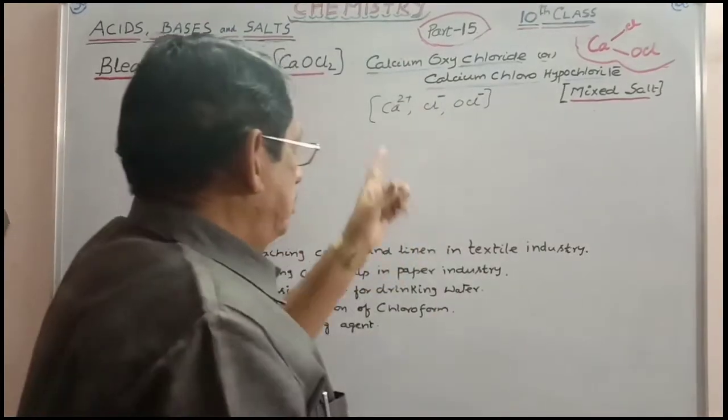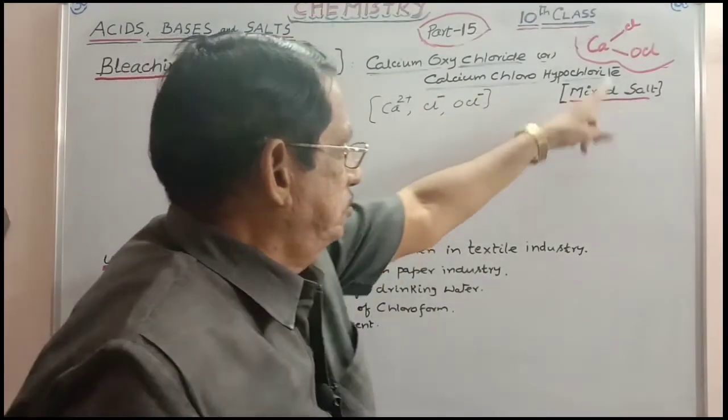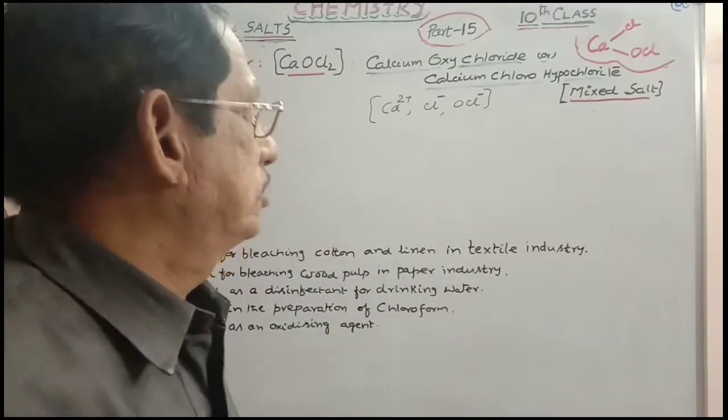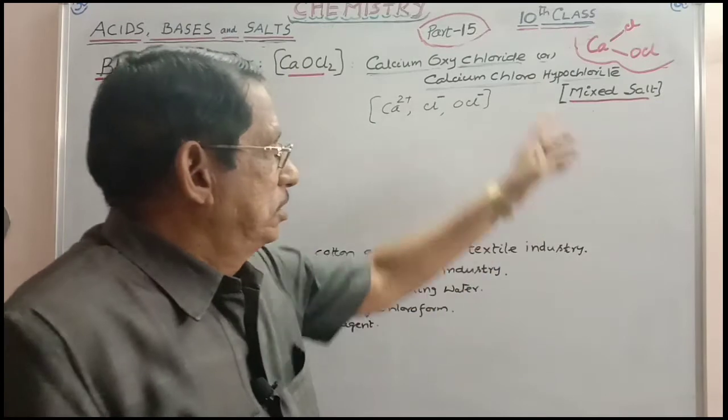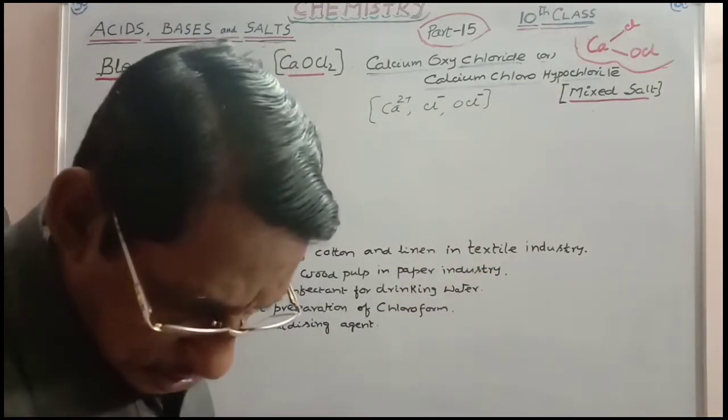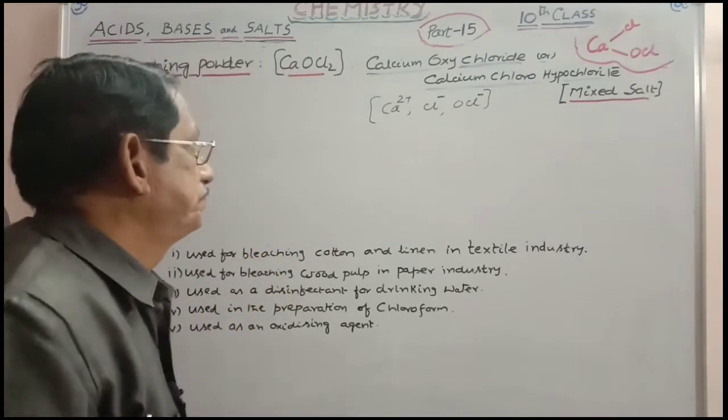So there is one type of cation and two types of anions present in this, and so it is a mixed salt. Already this was discussed. Now let us discuss the preparation.